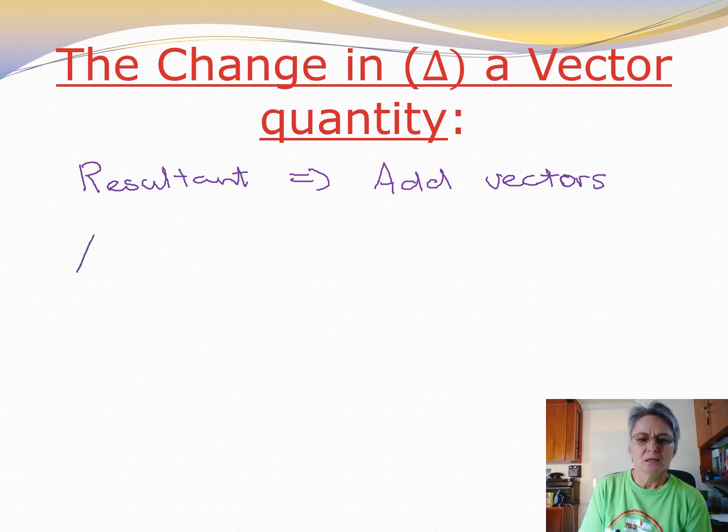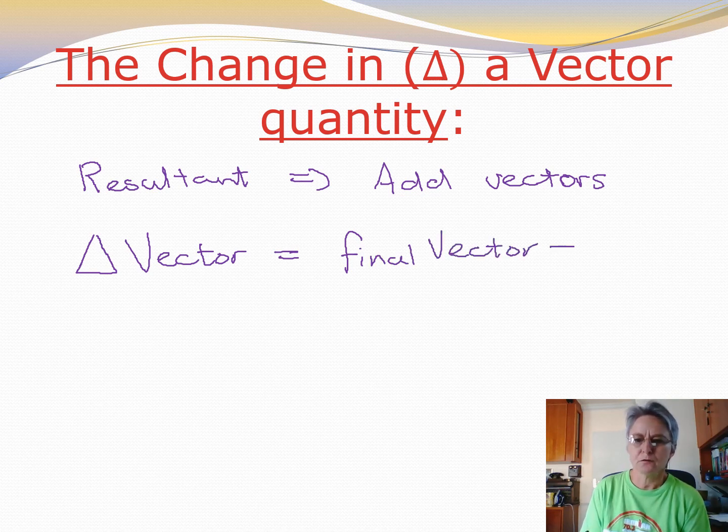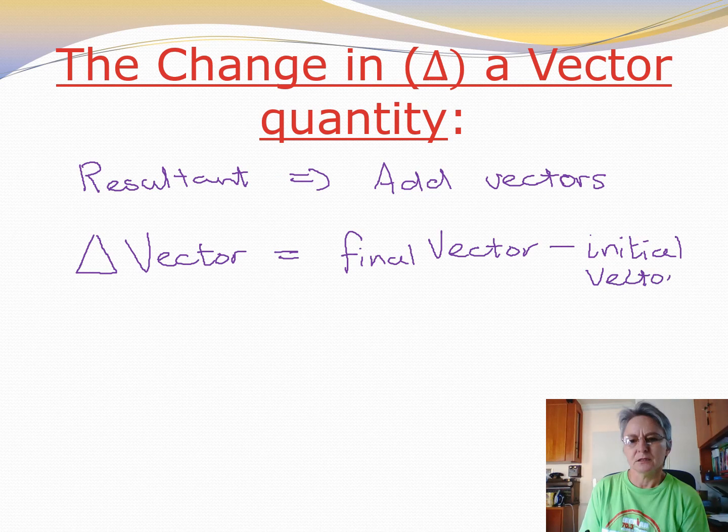When we calculate the change in a vector, we will always take the final vector and subtract from it the initial vector. And I will discuss examples like this in the next video.